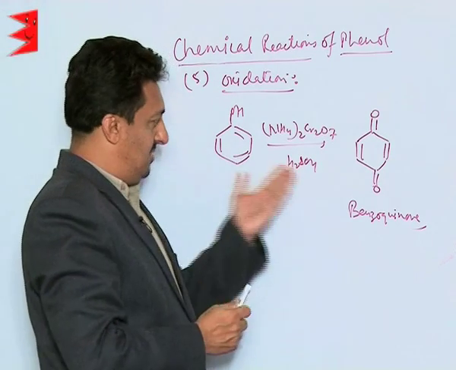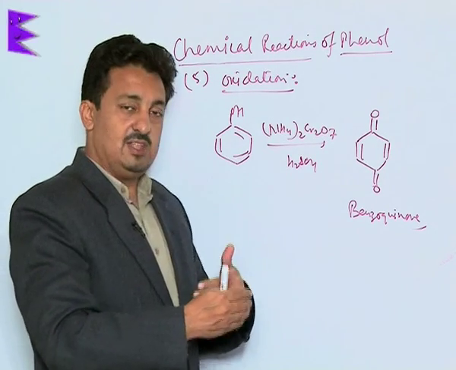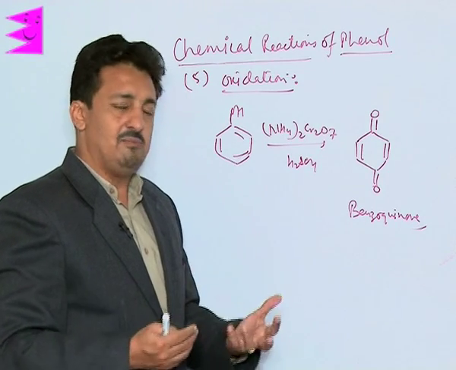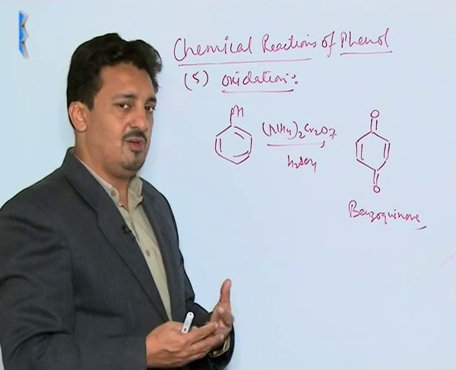And the same compound is formed by the slow oxidation of phenol when it is exposed to air, or when we have old samples of phenol, slowly they get oxidized to benzoquinone and they acquire color.